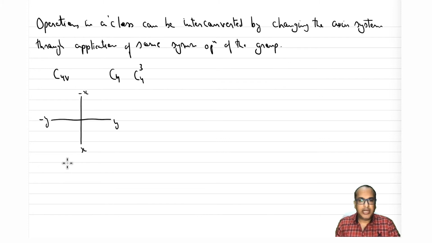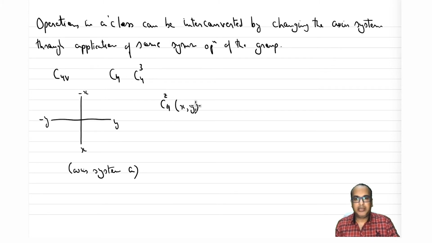This is the axis system, which I would call A. Now if I do a C4 operation onto xy, C4 along z, what happens to x? X goes anti-clockwise, so x moves to y and y moves to minus x, right? This is the effect of this particular operation.